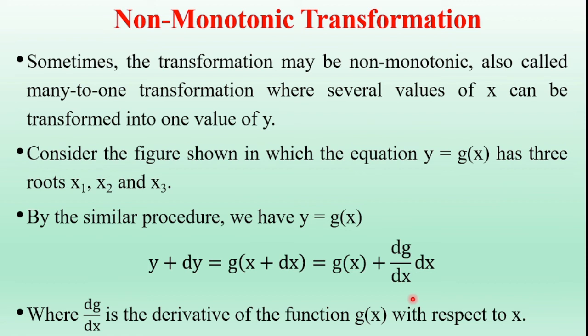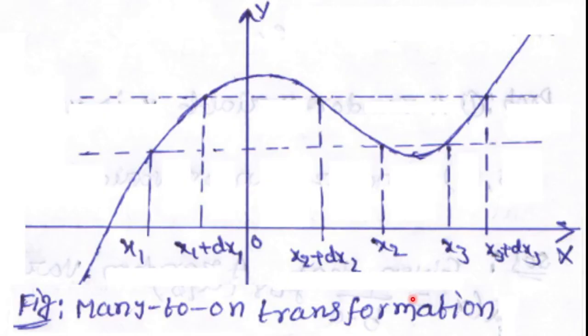Now here there are three roots. Since the equation has three roots, they are x1 plus dx1, x2 plus dx2, and x3 plus dx3.